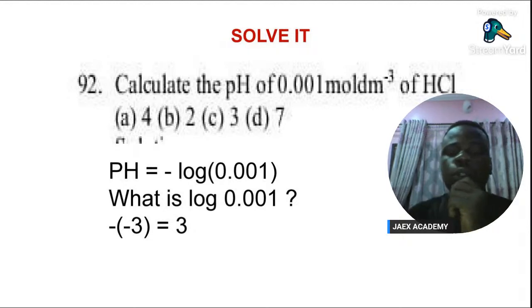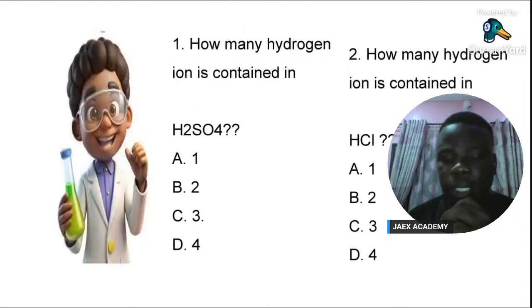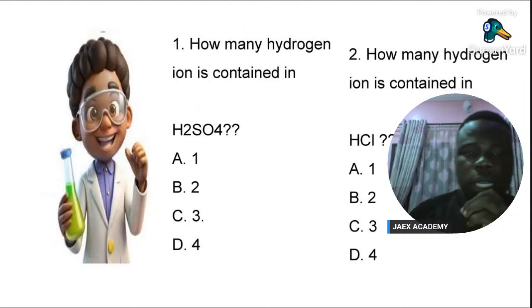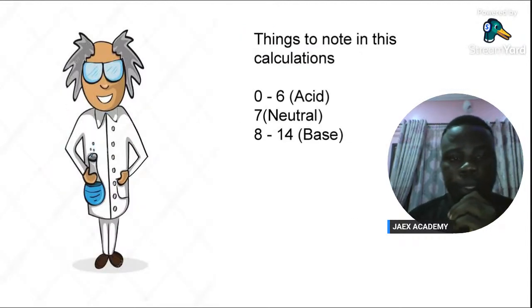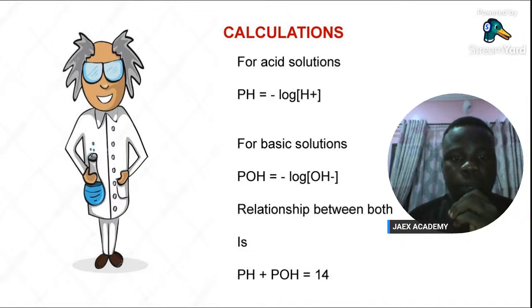Now, how do we go about this? You just press your calculator. HCl is an acid, right? That means we are going to use this formula.